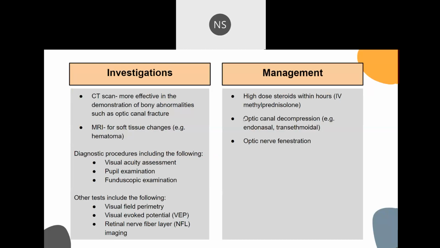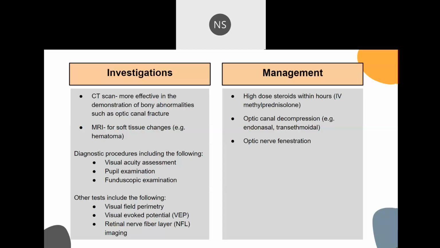So moving on to the investigation. First is CT scan. It is more effective in the demonstration of bony abnormalities such as optic canal fracture. Secondly is MRI for soft tissue changes such as hematoma. For the diagnostic investigation, first is visual acuity assessment. Second, pupil examination, we use the RAPD test. Then fundoscopy examination to look for changes in the fundus, which is pallor.